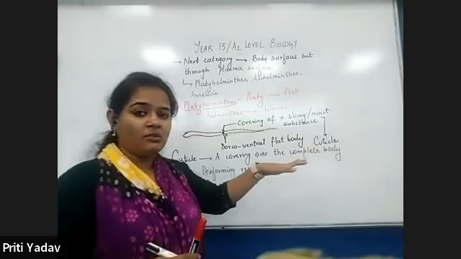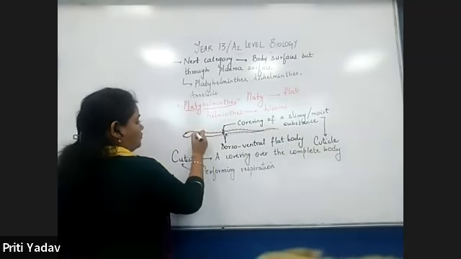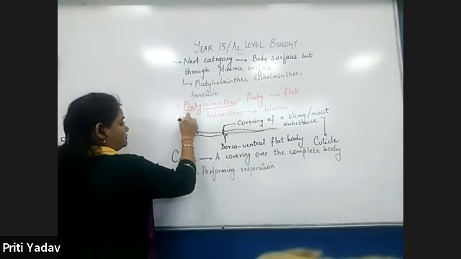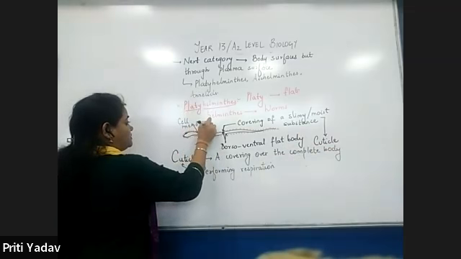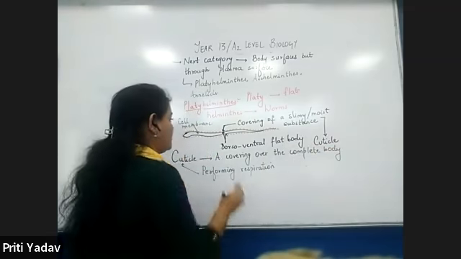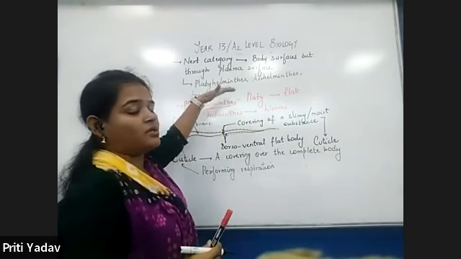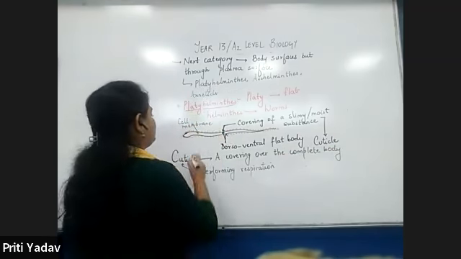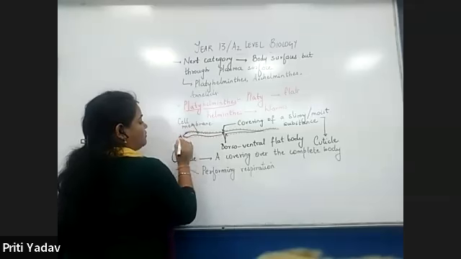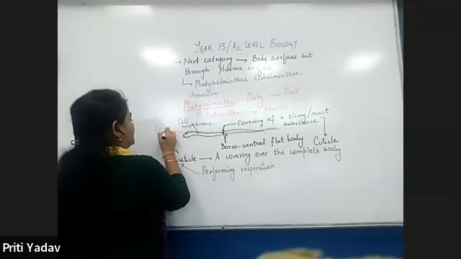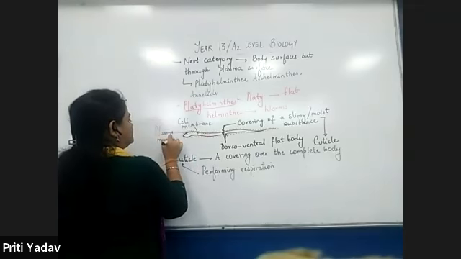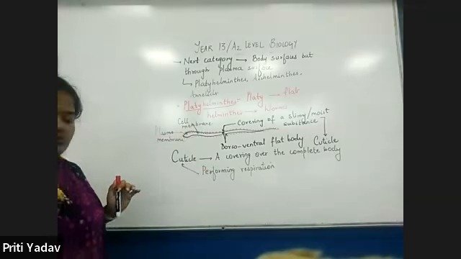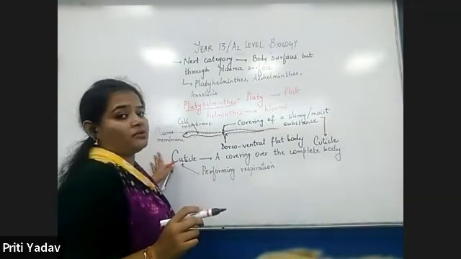The internal cell covering is forming the cell membrane. Below that there is plasma membrane. So this cell portion, the one in black color, is the cell membrane. Because animals don't have a cell wall, we write cell membrane, and the outer thing is your cuticle, and then beneath the cell membrane there will be one more thing. You can consider that a plasma membrane. If you consider it as a plasma membrane, the most important thing comes.